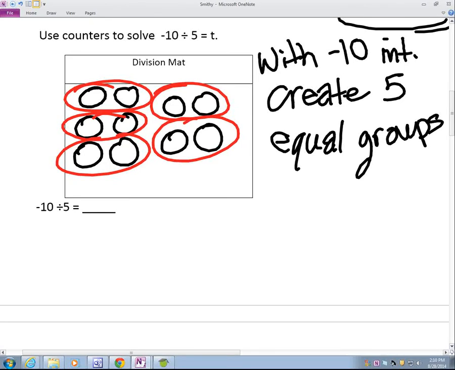Negative 2. Negative 2 integers. Can we write the answer first and then all the steps? We have to work it out.